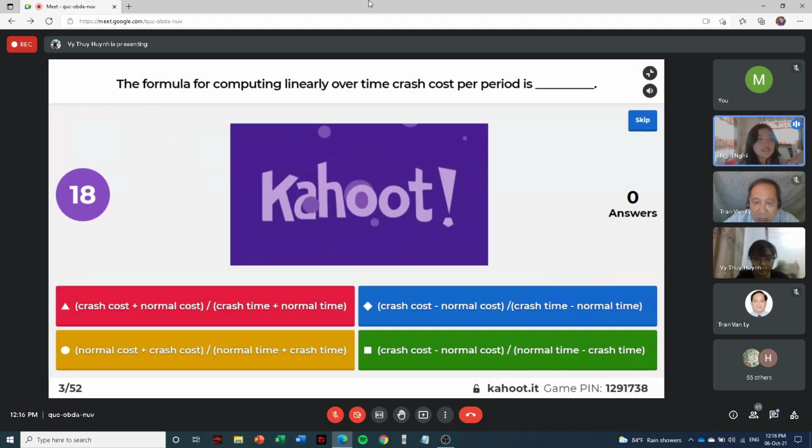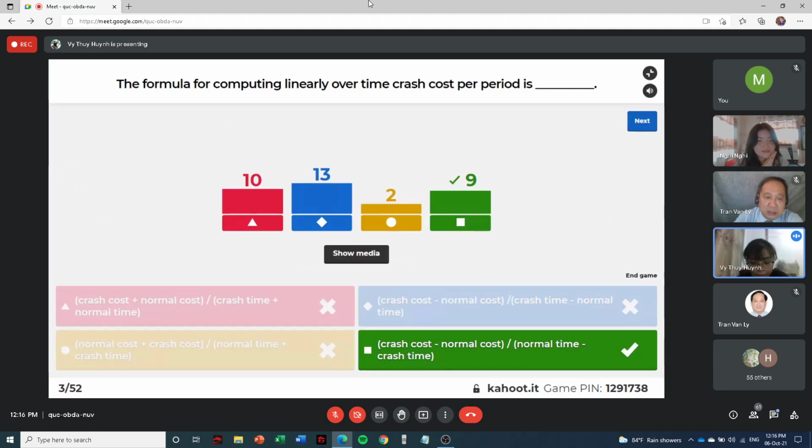The formula for computing linearly overtime crash cost per period is, it's a very important one. Okay, only nine people got it right.